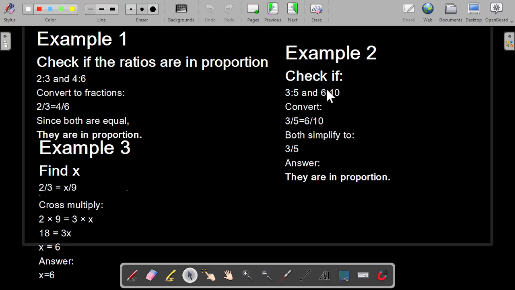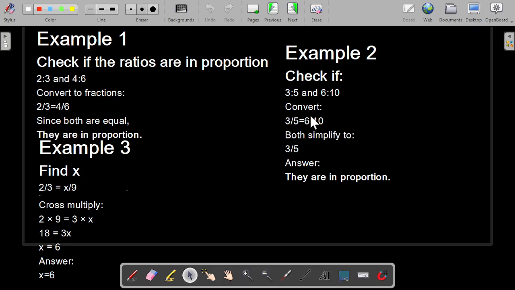Also check if these figures are in proportion. 3:5 and 6:10. Just as we did the other time, you are going to convert them to fractions. So you look at it now. In this case, you are going to see what will happen.